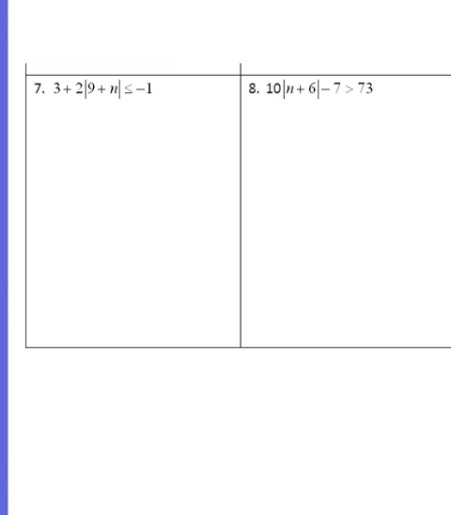Let me jump to 7, help you with that, and I think we should be fine. Again, we want only the absolute value on that side. Let me subtract 3 from both sides. Then we get 2 absolute value of 9 plus n is less than or equal to -4.